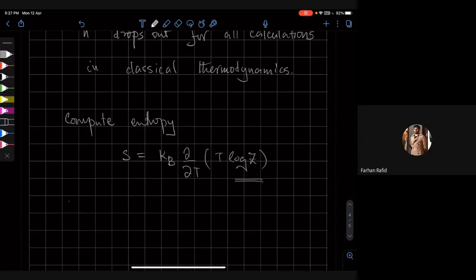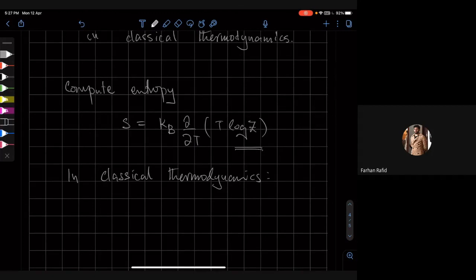In classical thermodynamics, the thing that we compute is always the change in entropy, from some state 1 to state 2.